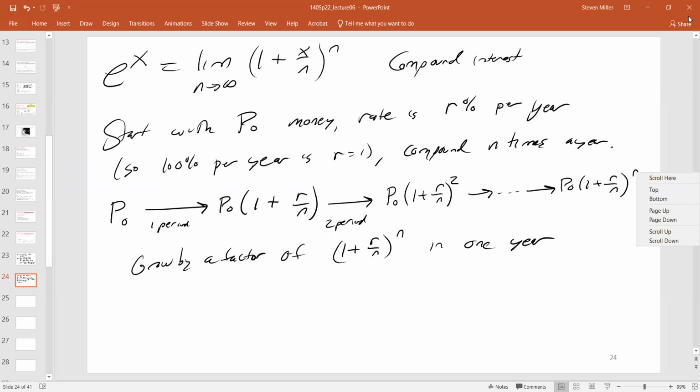And so the question becomes, which do we want to do? Do we want to have the interest compounded more often or less often? What do you think? Would you rather have the interest all accumulated once at the end of the year, or would you rather have it more times?